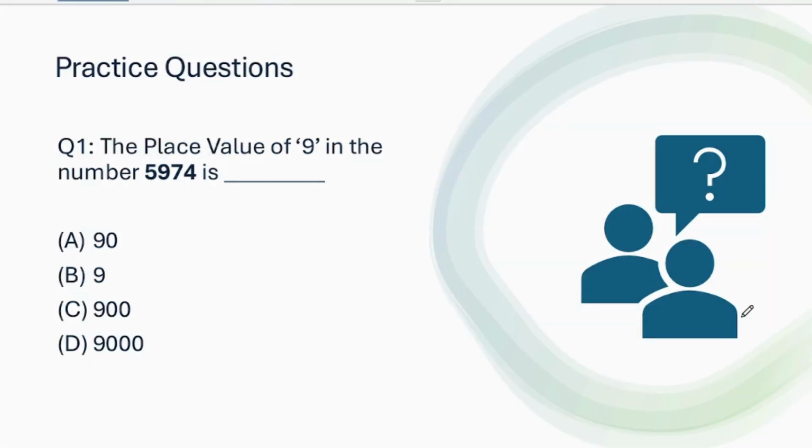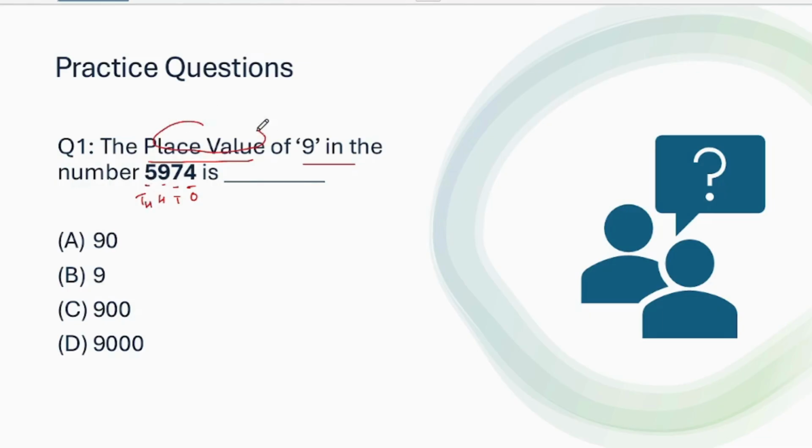Okay, I'm sure you must have solved this question. The question is: the place value of 9 in the number 5974 is. Let's start from the rightmost side. This is ones, this is tens, this is hundreds, and this is thousands, right?